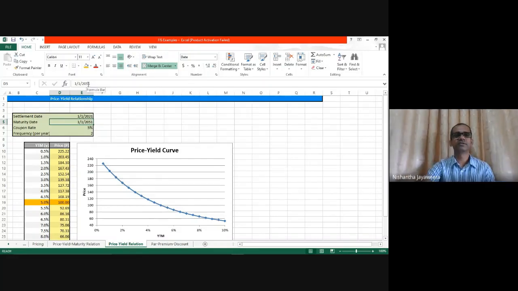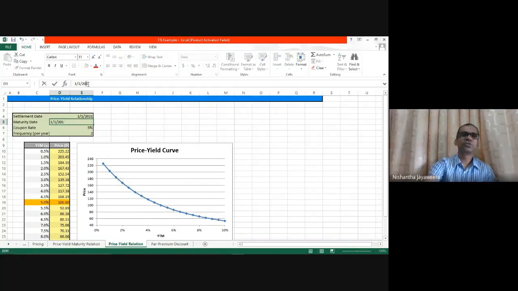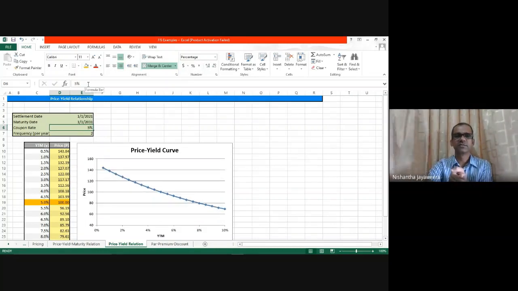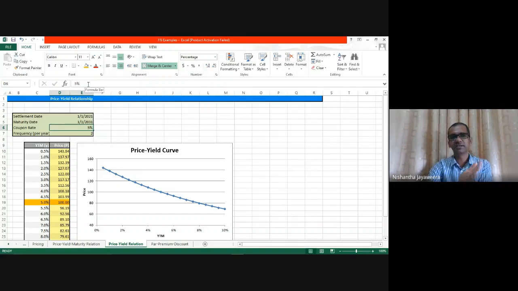If I make it 10-year, you can see what change would happen in the curve. See, it becomes slightly less curved. The curvature decreases. It becomes almost straight.